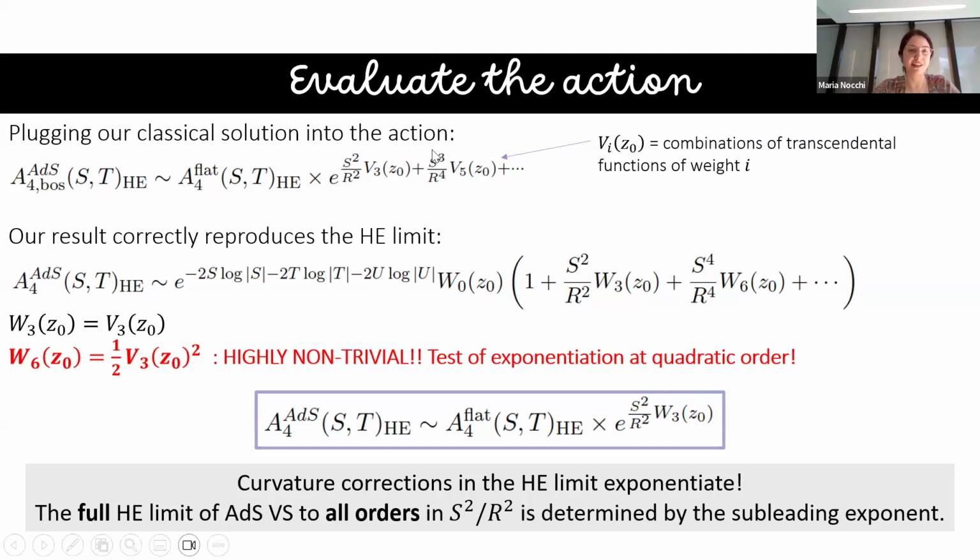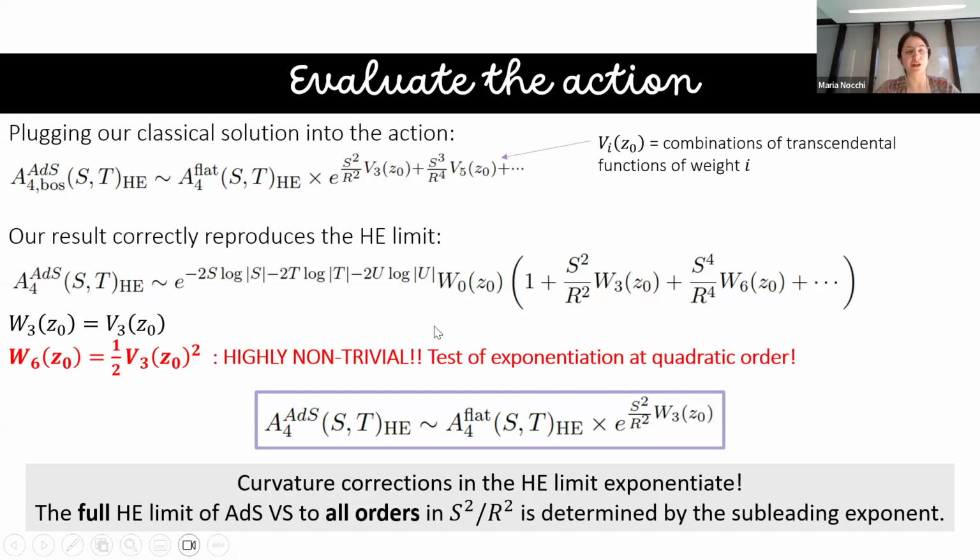But at the end of the day, after a lot of work, what you find is that the high energy limit of this AdS Virasoro-Shapiro amplitude is the high energy limit of the flat space counterpart, as we saw before, times this exponential, in expansion of 1 over r squared. These vi of z0 are combinations of transcendental functions of weight i.